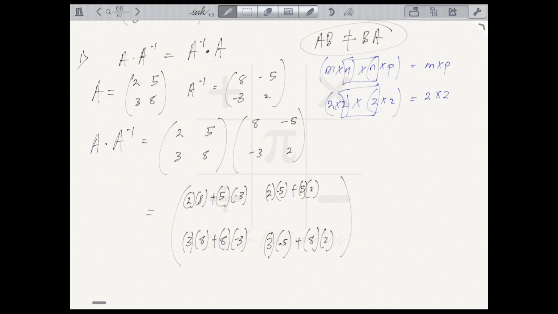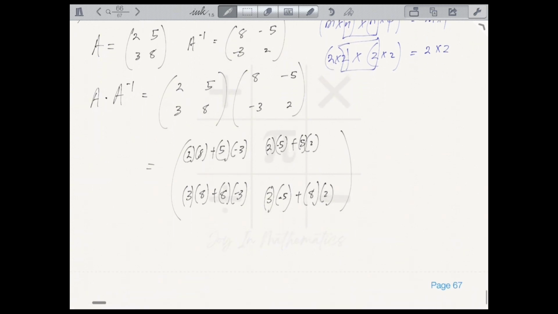If you're having issues with this, please kindly refer to the video to establish understanding. Now, if you look at this, we have 16 plus minus 15, this is minus 10 plus 10, we have 24 plus minus 24, and we have minus 15 plus 16.